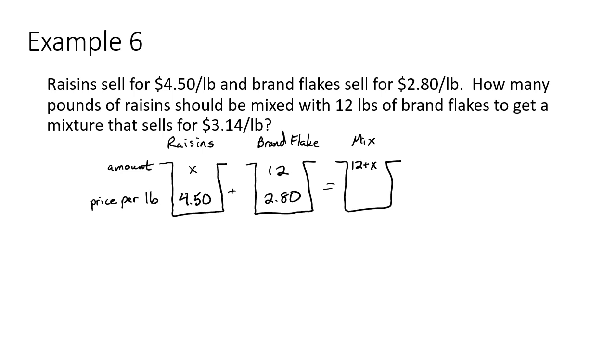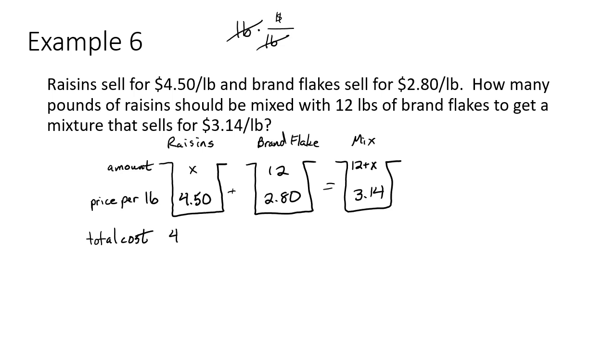And for our final mix, we're looking for $3.14. Then if we multiply going down, if our amount is measured in pounds and we multiply this by the dollar amount per pound, then the pounds basically reduce each other away. The bottom row is going to represent total cost of each.